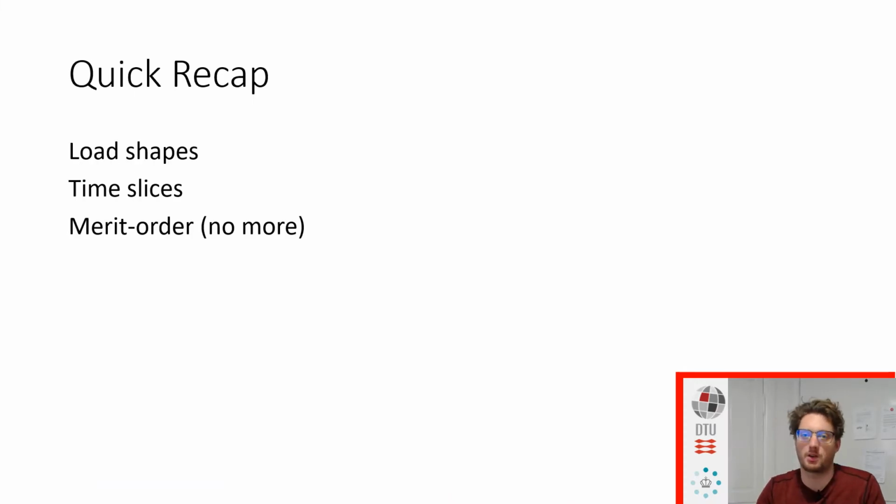So let's just have a quick recap from lesson 3, the last video in lesson 3, where we talked about load shapes, about time slices, and about merit order for our production in electricity. The first thing to say is that we no longer have merit order, because this is what we instead optimize.